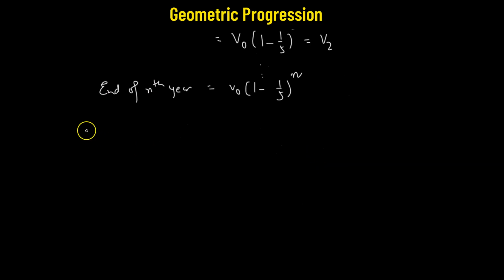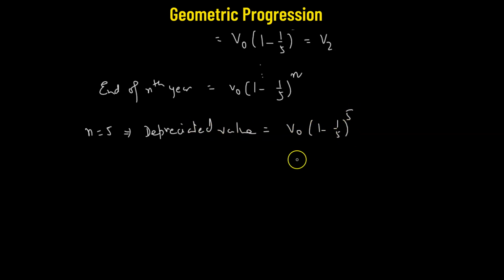Now in our question, we are to obtain the depreciated value after the end of 5 years. So when n equals 5, the depreciated value will be equal to V0 times 1 minus 1 over 5 raised to the power of 5, which is V0 times 4/5 raised to the power of 5.